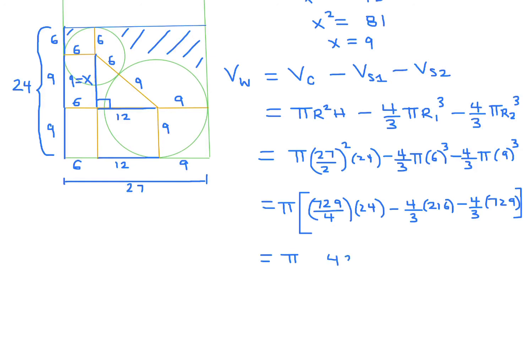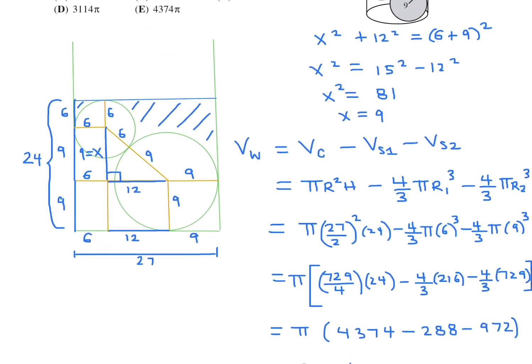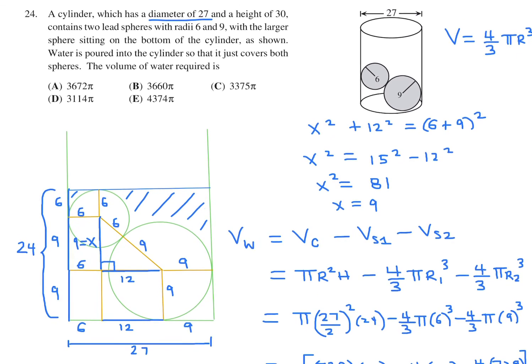This is going to be 4374 minus 288 minus 972. And if you do that math, you'll get 3114 pi. 3114 pi is the answer, and that represents the amount of water in this diagram, and therefore that would be answer D.